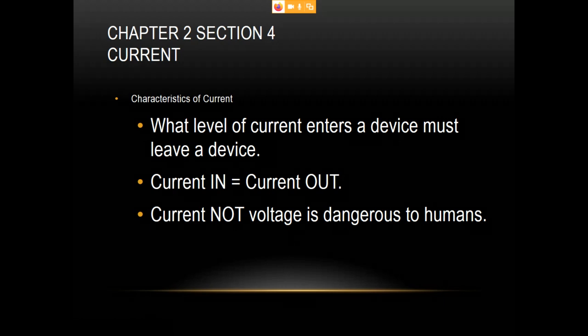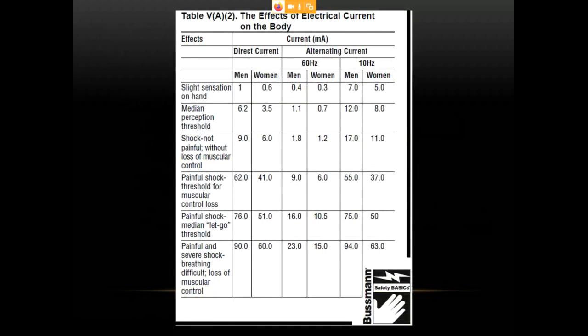So you get too many electrons coming through, and if they go through your heart, then they could cause your heart to not work properly. And so it's the current that actually does the damage. So here's a little table that gives an idea of how much current in milliamps. Notice this is milliamps, so we're talking 1,000 times less than 1 amp.